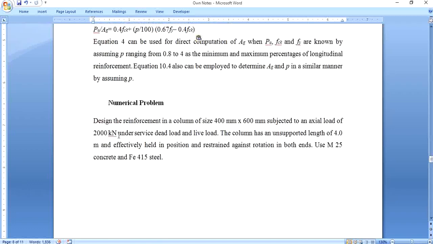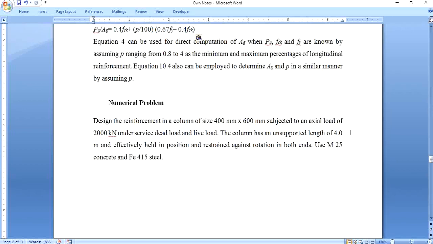So you can see over here: design the reinforcement in a column of size 400 mm into 600 mm, means the gross sectional area is already given, subjected to an axial load of 2000 kilonewton under service dead load and live load. The column has an unsupported length, small l, they have given. Unsupported length is different, and effective length is different.